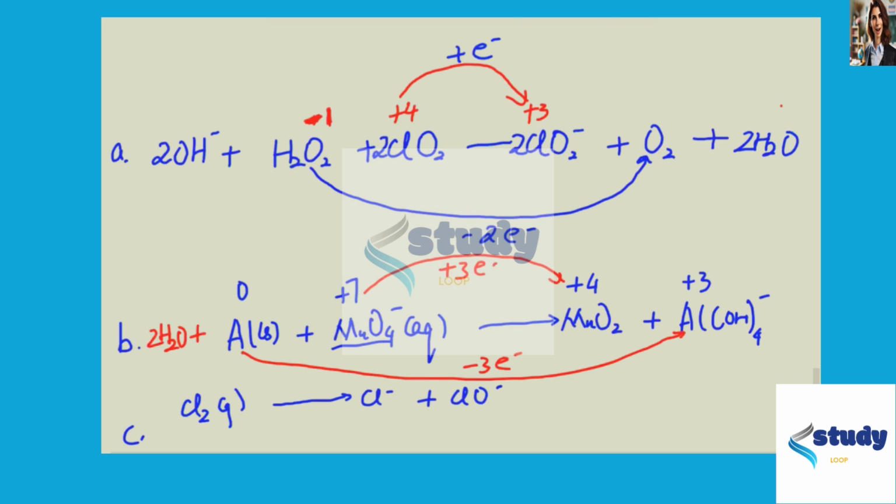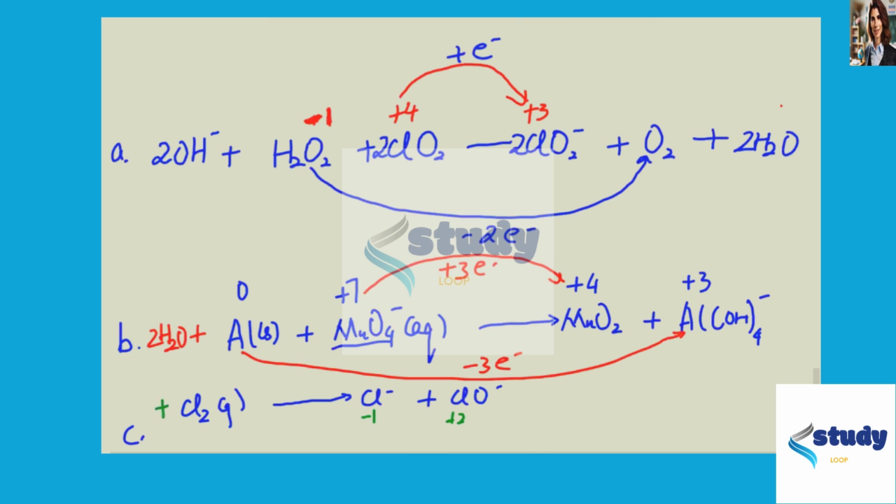For chloride, it has a -1 oxidation state, but for ClO minus, chlorine has a +1 oxidation state. So that's an easy way to do that.